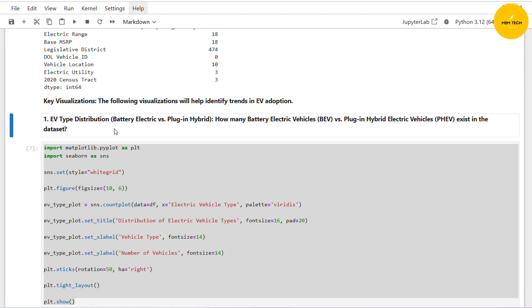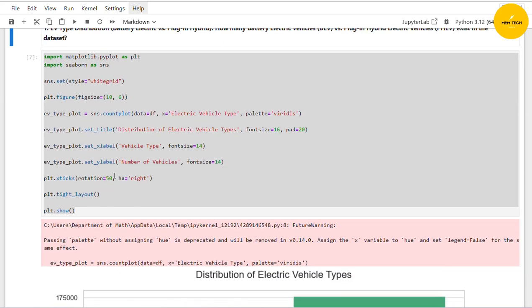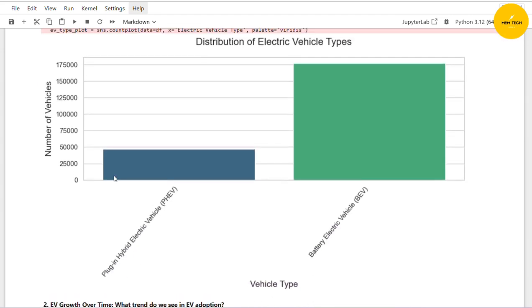So the first one is that in this part of the code, we focus on understanding the distribution of battery electric vehicles, BEV, and plug-in hybrid electric vehicles, PHEV, in the dataset. The goal is to visualize and compare the number of each type of electric vehicle. As you can see through this plot, the visualization highlights the growing popularity of battery electric vehicles, BEVs, in the electric vehicle market.